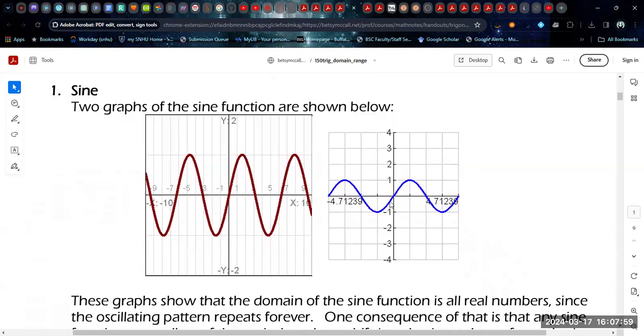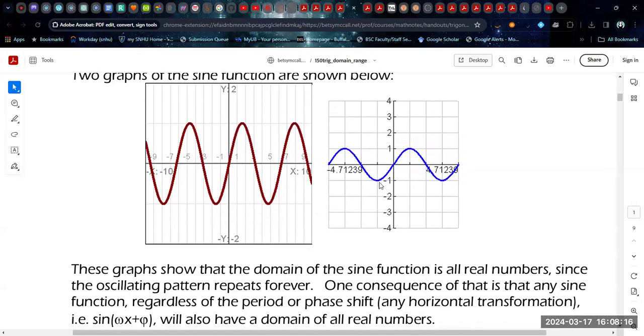The sine graphs are shown below in different scales, but basically the domain of the sine function is all real numbers. You can do this wavy sinusoidal function forever in either direction. The range, though, is only from -1 to 1. Now, one issue that we have to deal with is the fact that this is not a 1-to-1 function.